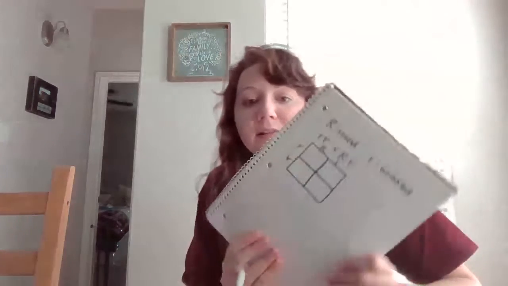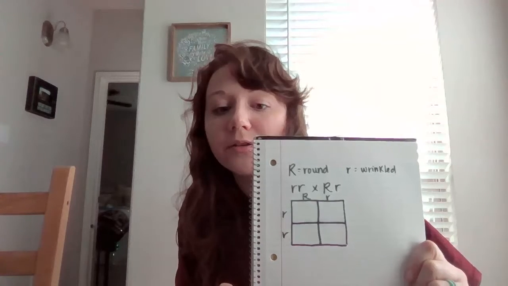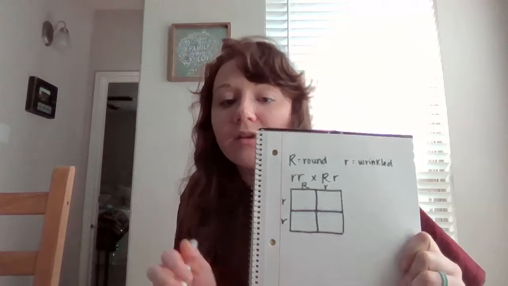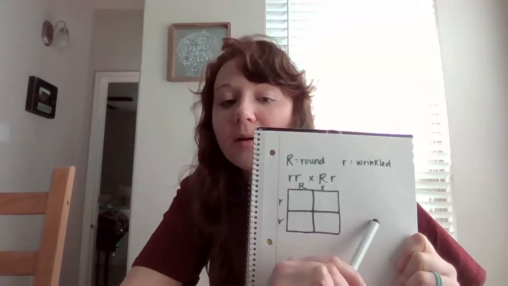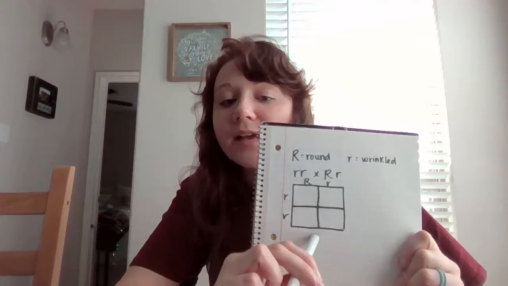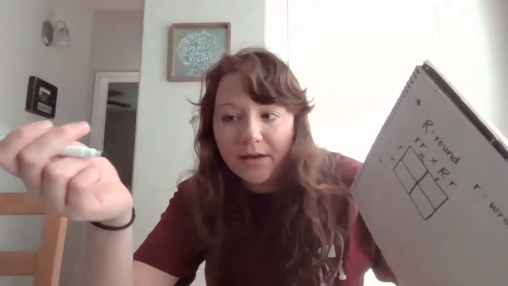So we will make a Punnett square. I have capital R, little r, little r, little r. This is how I set up my Punnett square. We have the heterozygous plant at the top and then the homozygous recessive on the side. It doesn't matter who's on top or who's on the side.